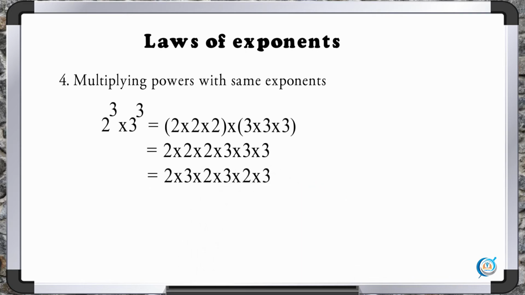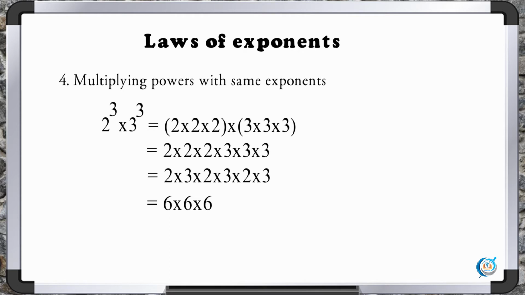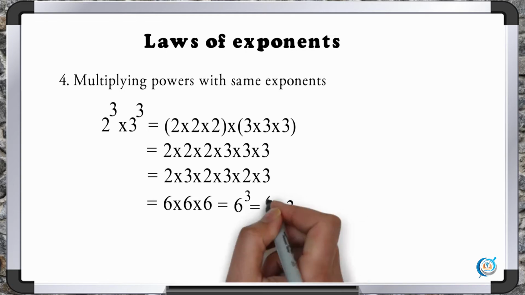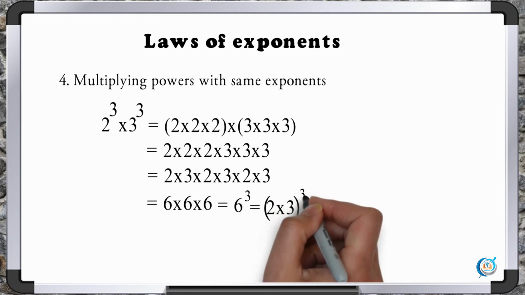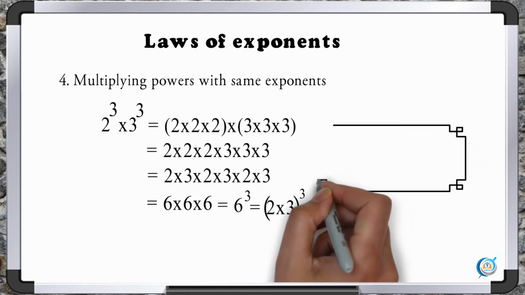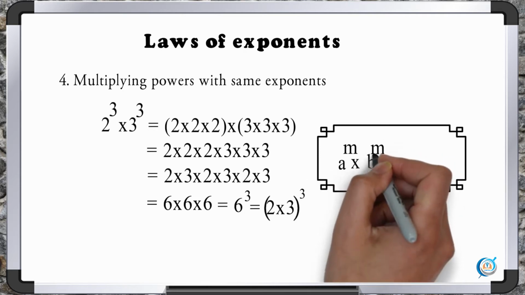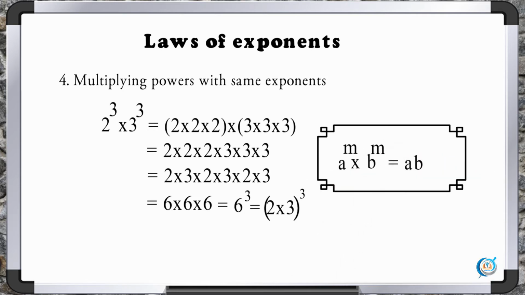We can interchange the places and write 2 into 3 into 2 into 3 into 2 into 3, which is 6 into 6 into 6, that is 6 power 3. So here the bases are getting multiplied, 2 into 3 all power 3. The property is like this: a power m into b power m will be equal to a into b all power m.